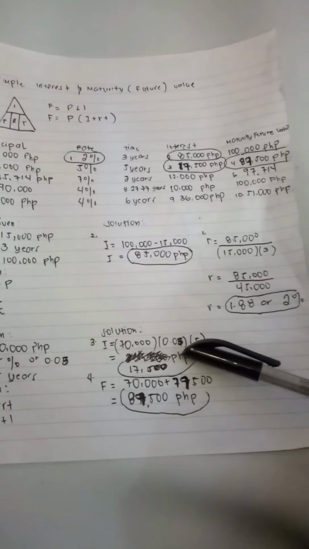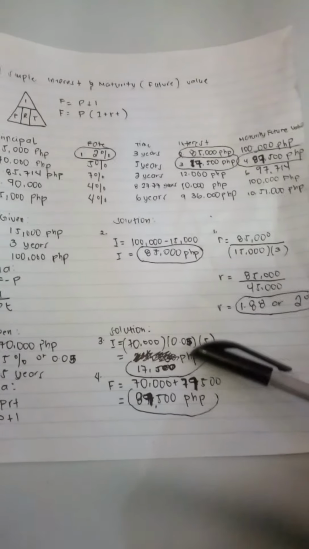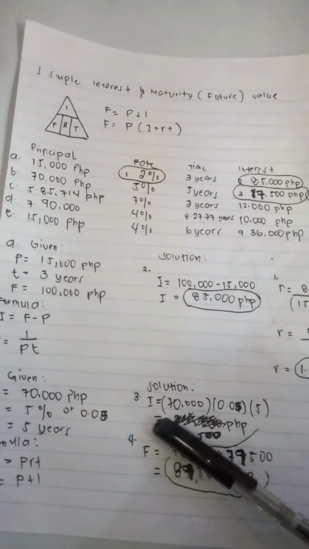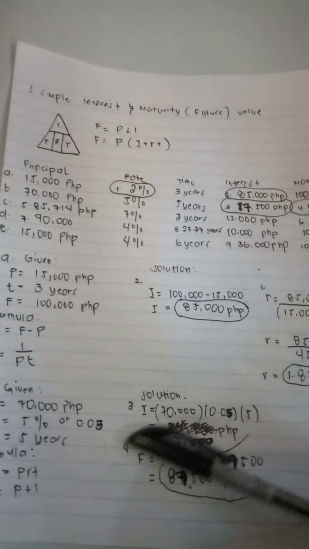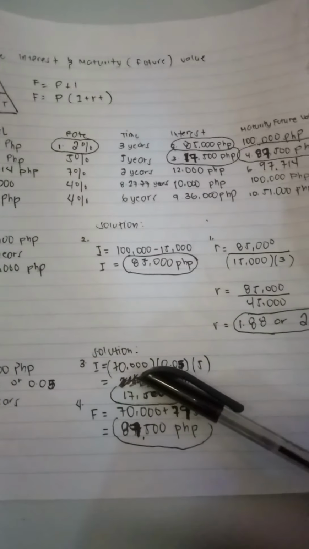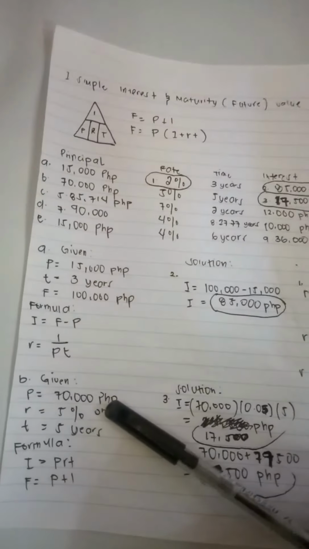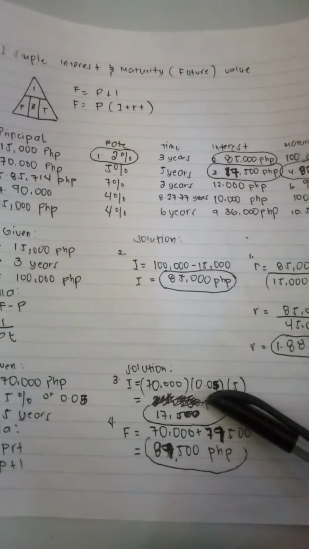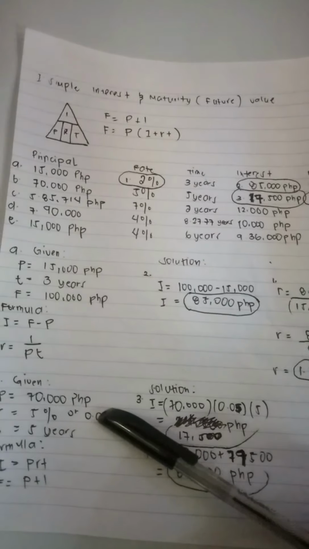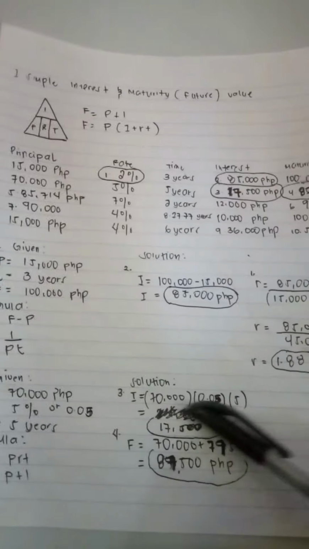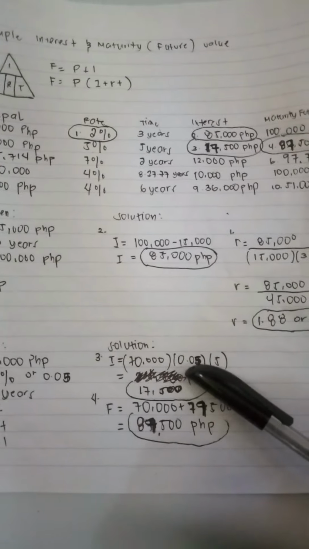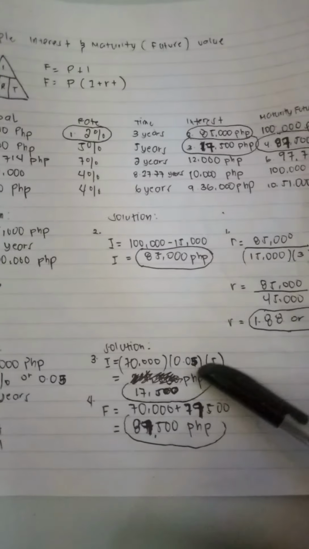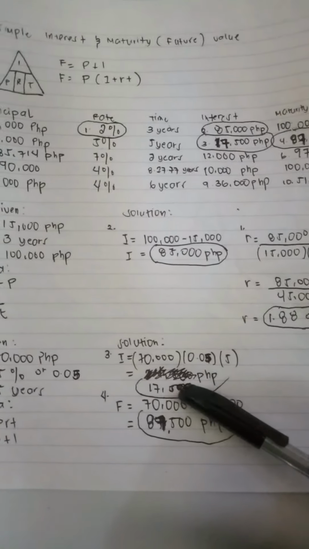For the solution naman po, kung paano makuha yung interest, i-distribute lang po natin ulit yung given sa formula. 70,000 yung principal, 0.05 yung rate naman po, then time is 5 years. 70,000 times 0.05 times 5 equals to 17,500.